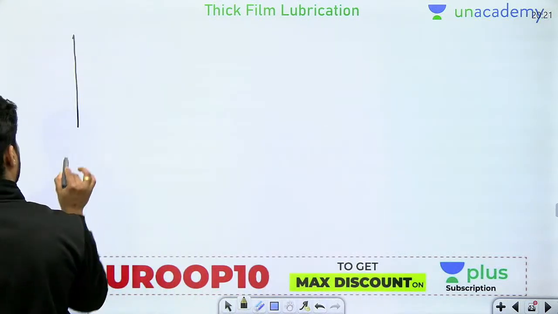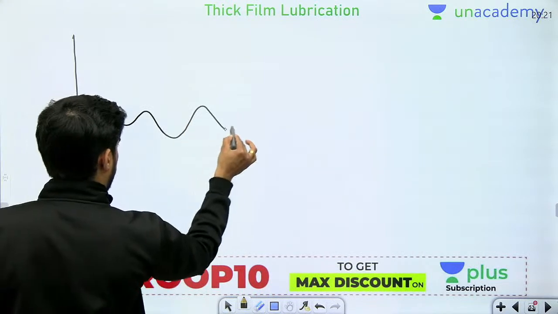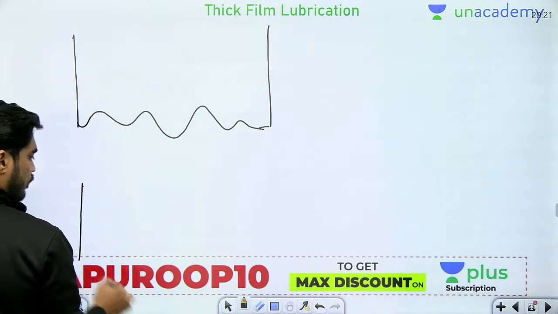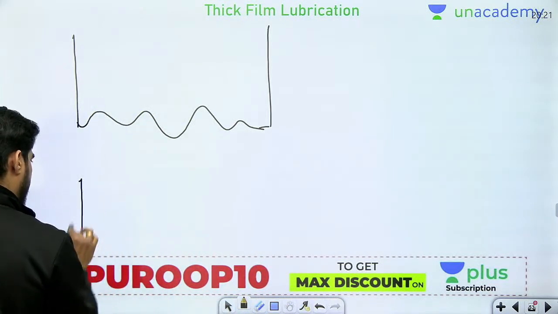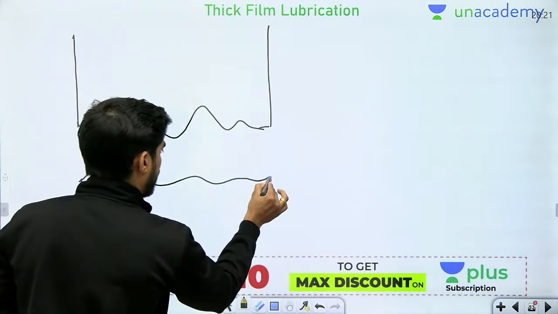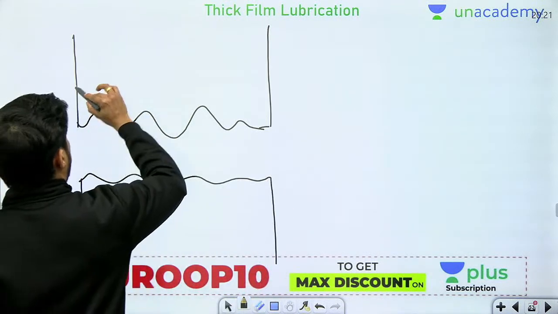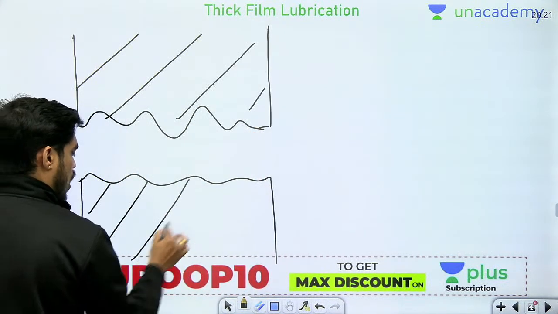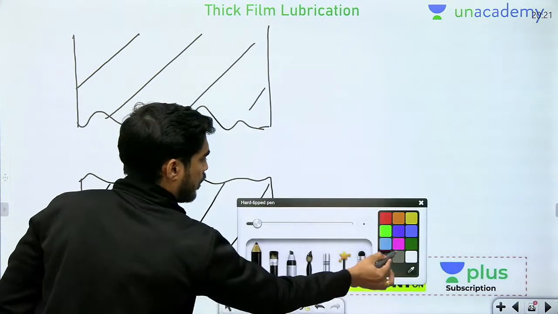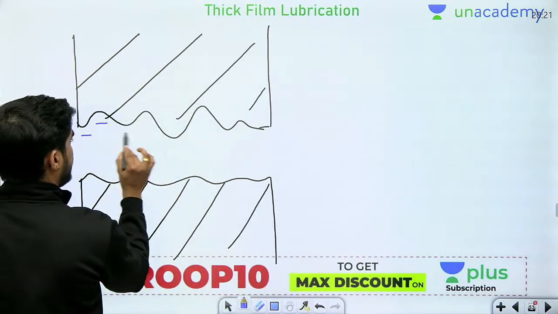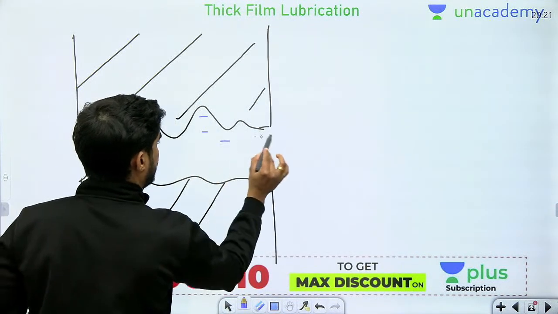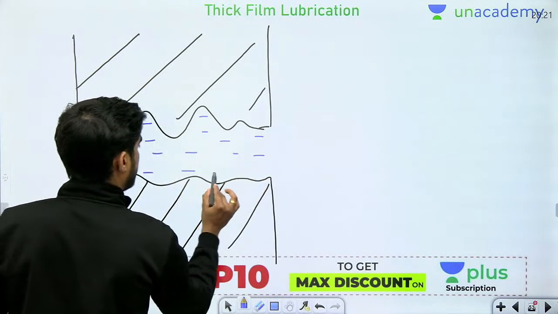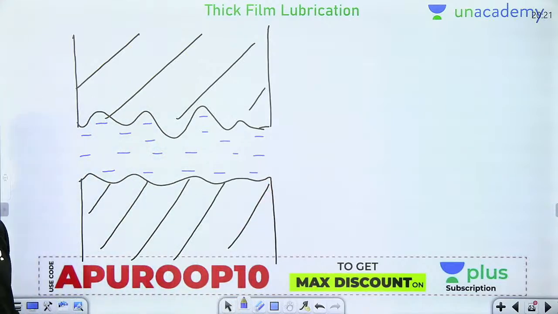If the journal and bearing surface are separated by means of a thick film of lubricating oil like this, and there is no direct contact between the journal and bearing, then this is known as thick film lubrication.